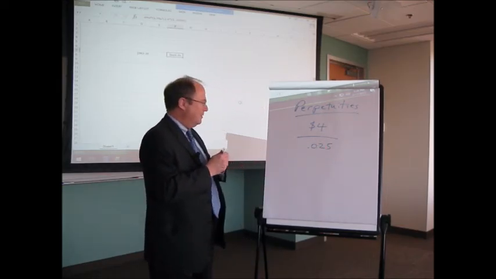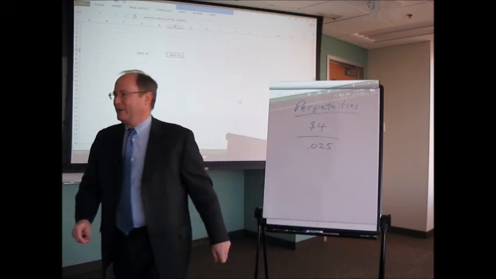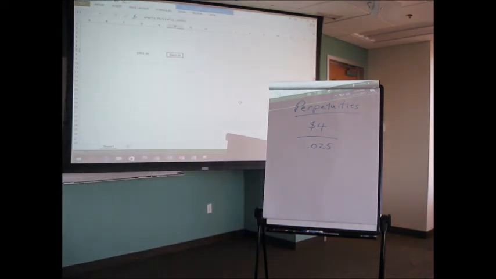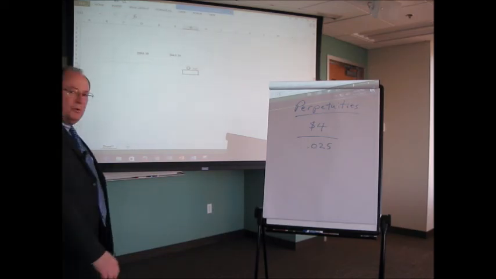And you say, oh, well, I think I can calculate that. So you go to Excel and you put in the formula equals 4 over 0.025. And you say $4 a year forever is worth $160.